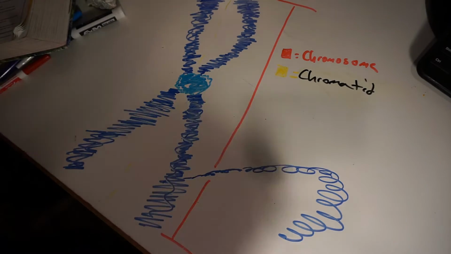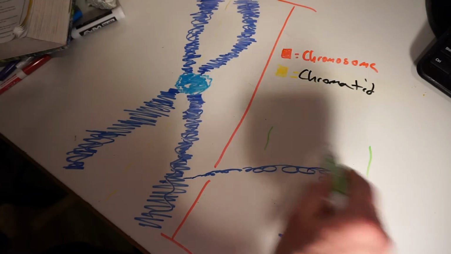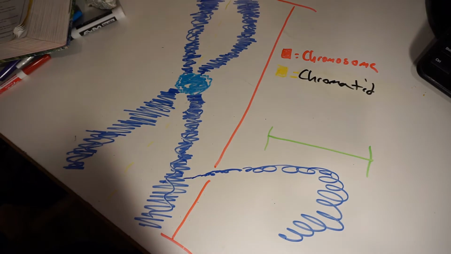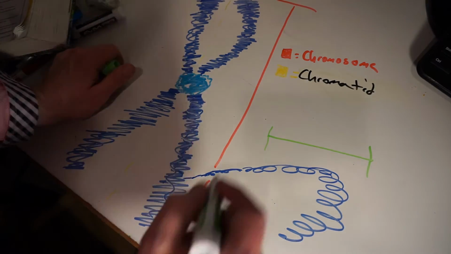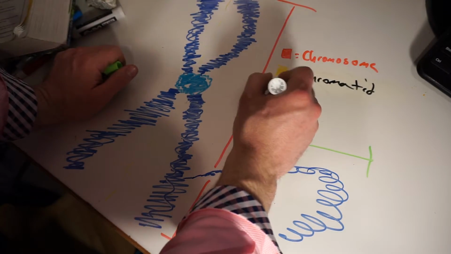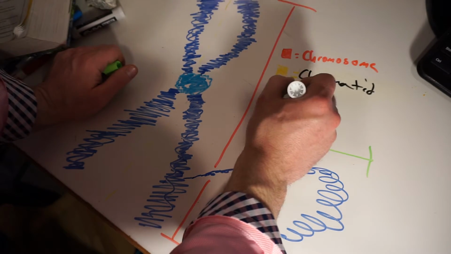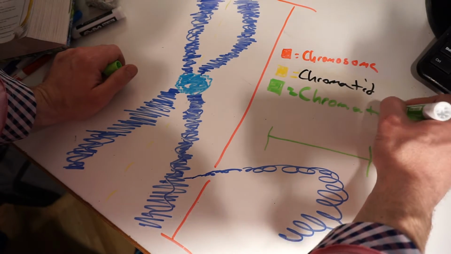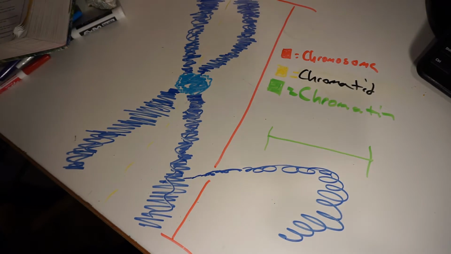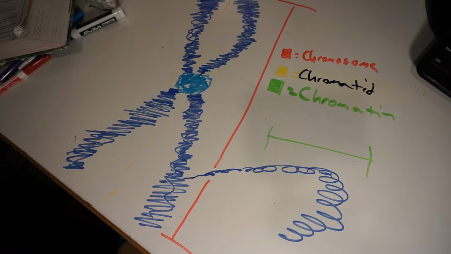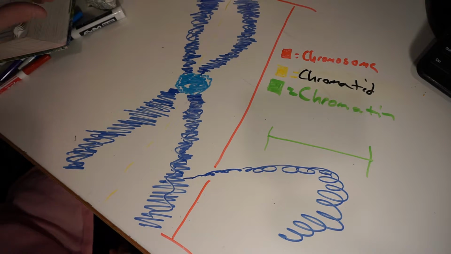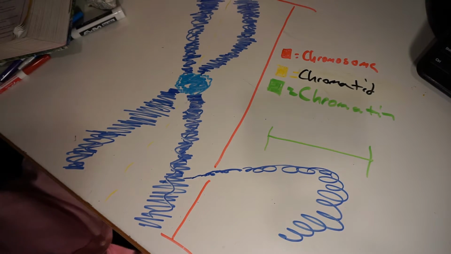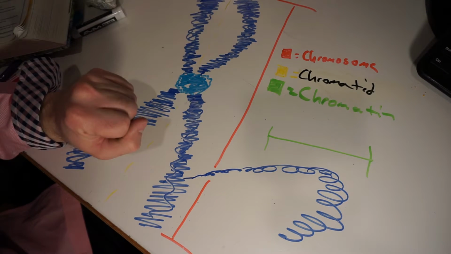Anyways, then we have this area down here. That is chromatin. And chromatin is simply unpacked DNA. Chromosome is the whole structure.